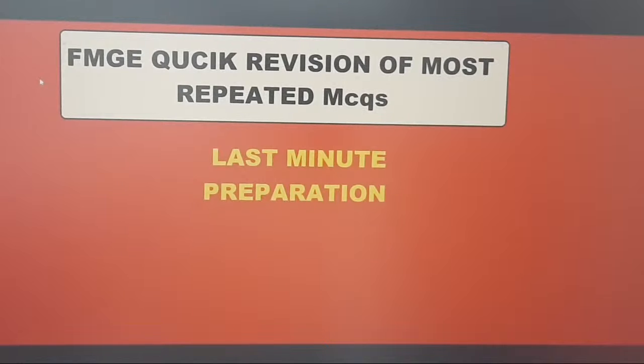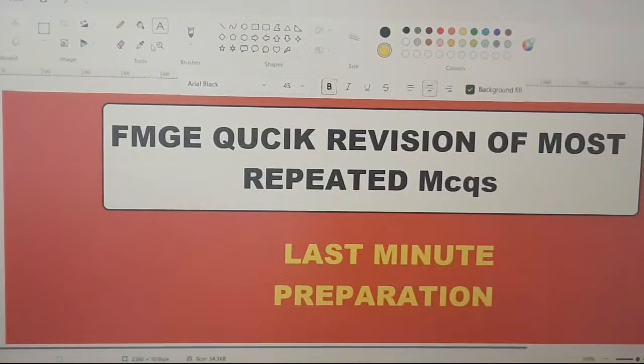Definition of Pearl Index is failures per 100 women years of exposure. Pearl Index is used to measure the contraceptive efficacy and contraceptive failure.